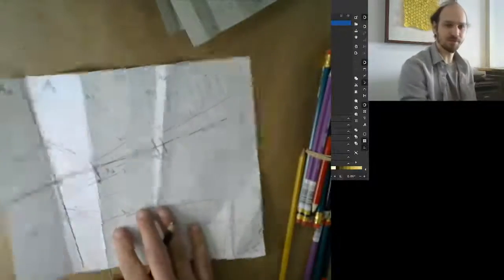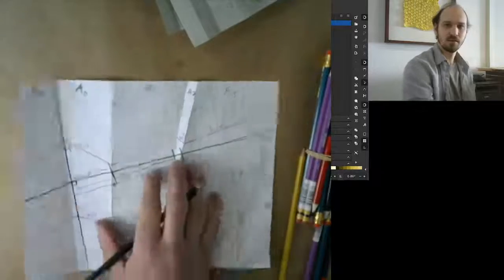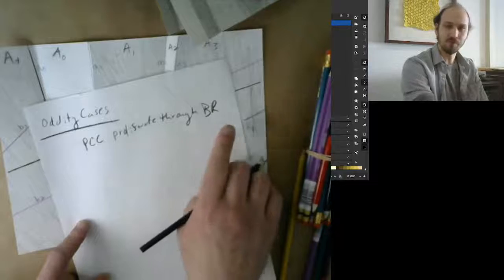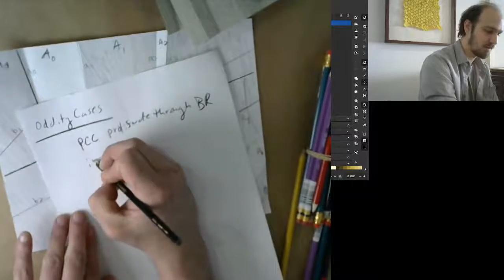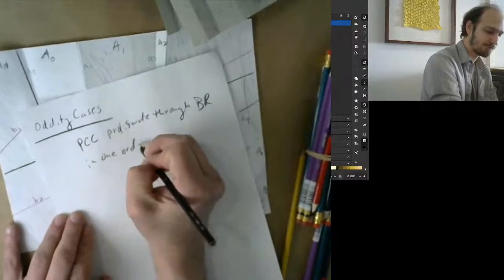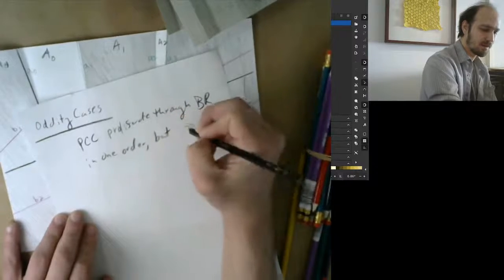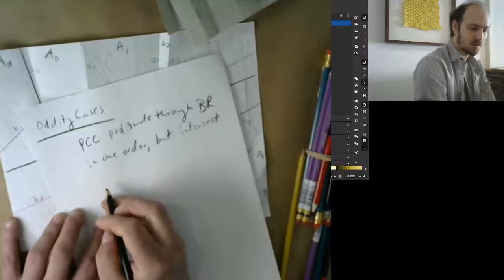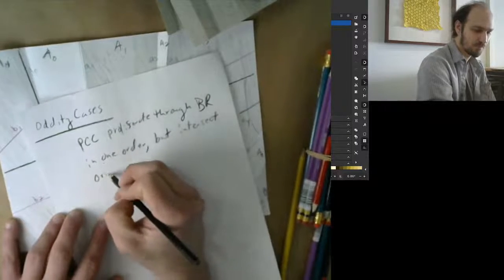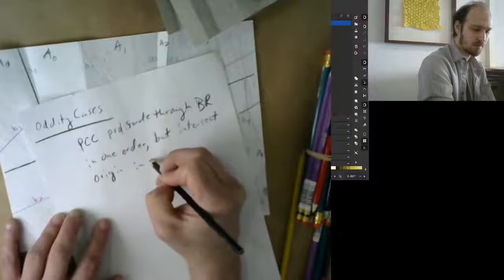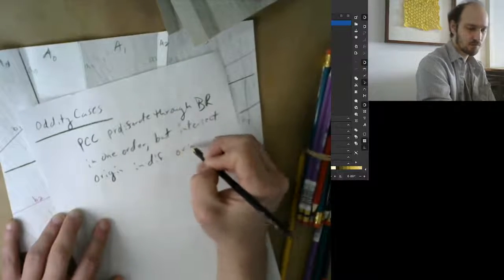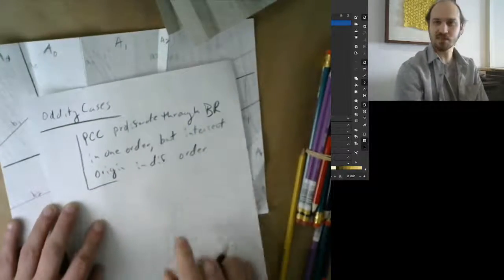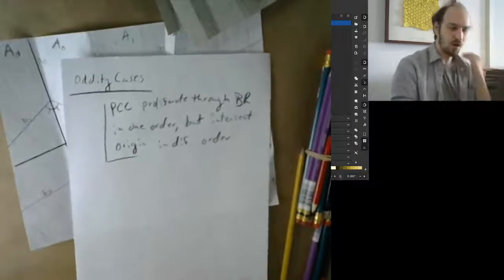The boundary region in this case is the exterior of the paper. So primary collapse creases proliferate through the boundary region in one order, but intersect the origin in a different order. Okay, so that's one oddity case.